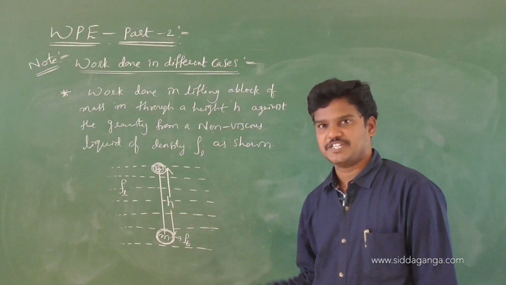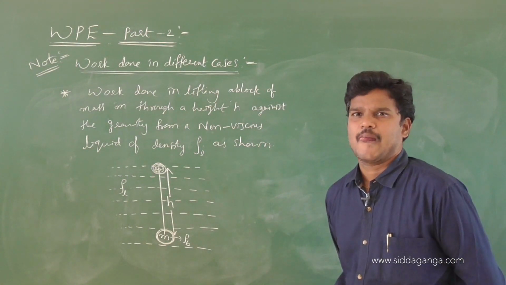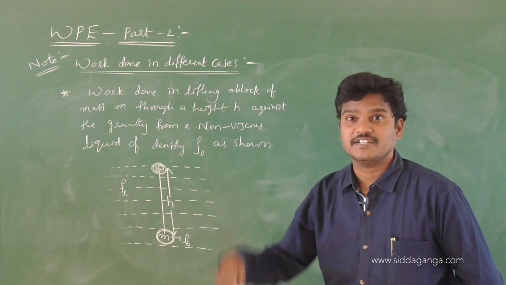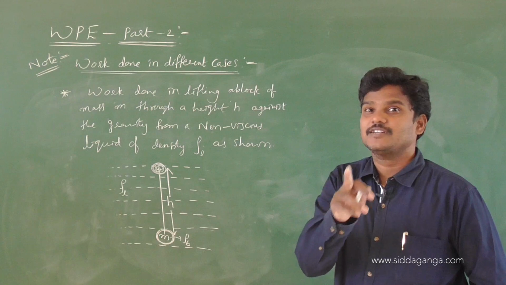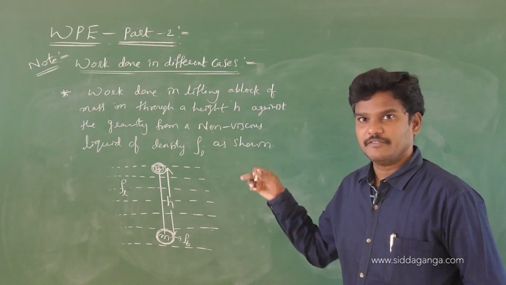Let us see how much the work is done. Anyhow, work done is minus mgh. Why is it minus mgh? What are they asking? Against the gravity. Gravity is down, you are lifting up. So they are asking work done by the gravity only. Gravity is downwards.